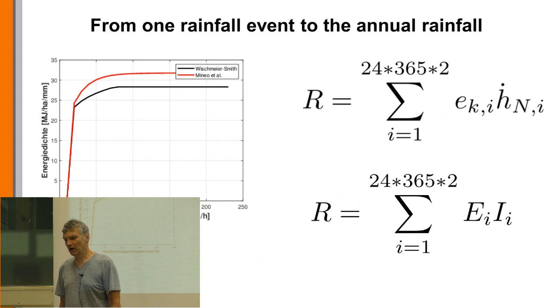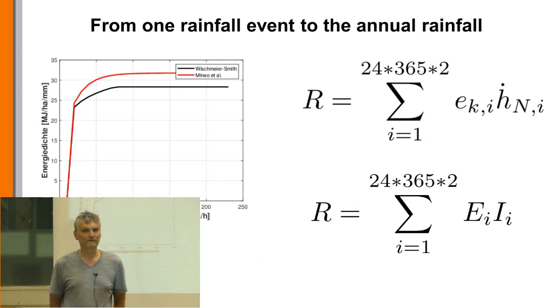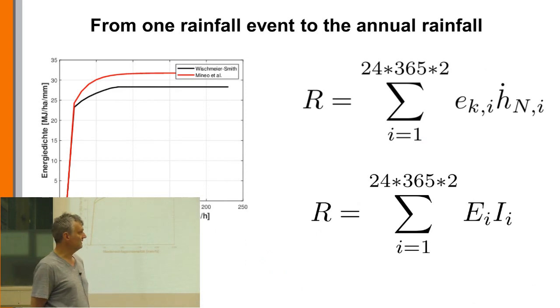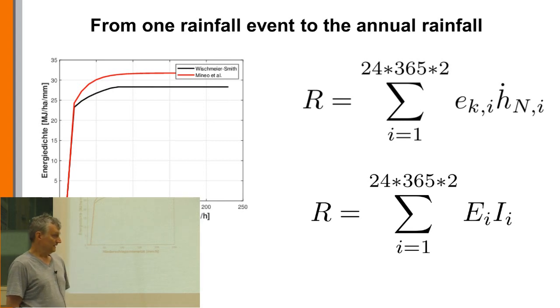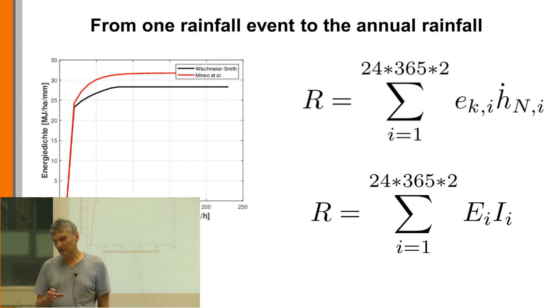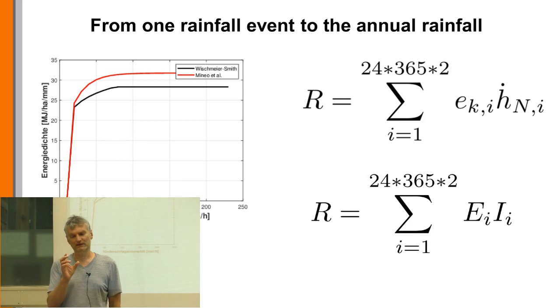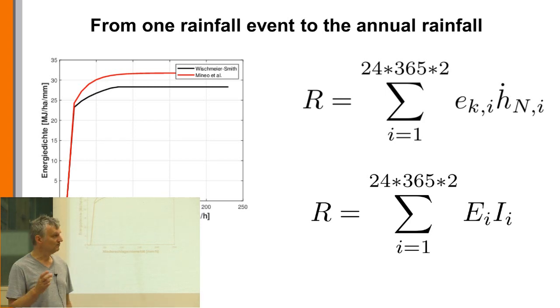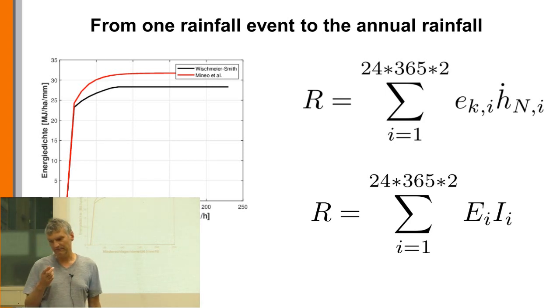The next thing is, how can we go from one rainfall event to an annual rainfall? As I said, we have to distinguish between half-hour rainfall events. So what is the maximum rainfall intensity in half an hour?